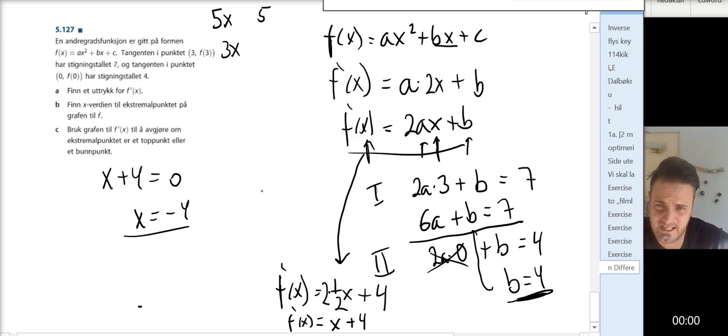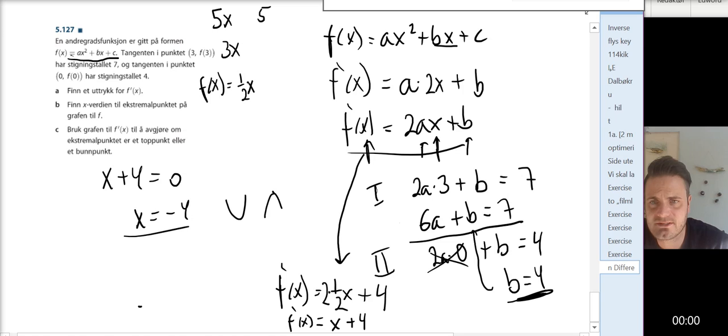So this means that when x is minus 4, the function either has a minimum point or a maximum point. And remember, this is a parabola, and a is the same a as we found somewhere here. So I know that f of x is equal to 1/2 x squared plus bx, which is 4x, plus c. I don't know what c is.